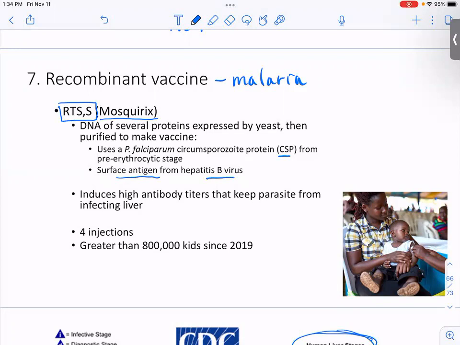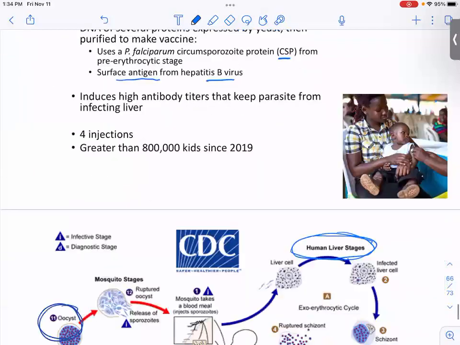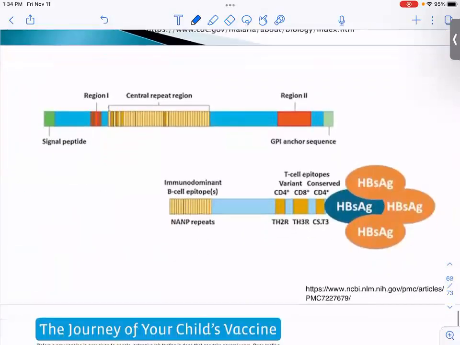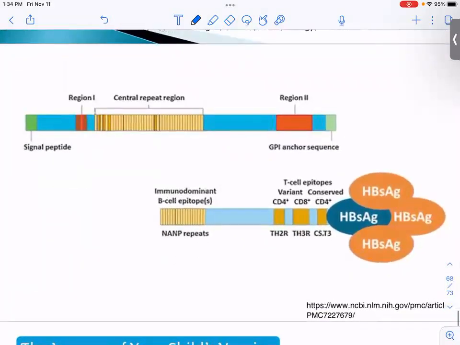and they've just used that hepatitis B antigen to elicit a stronger immune response. So this name, RTSS, again, this was something that I didn't post, but I was looking at this a little more carefully this morning, so I threw it up here. The R stands for a repeat region of the gene that encodes for that CSP, the circumsporozoite protein of Plasmodium.